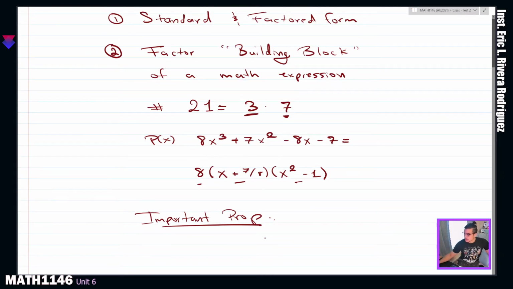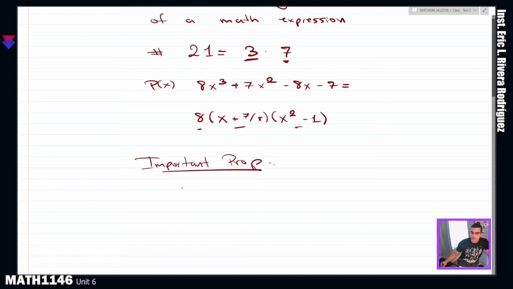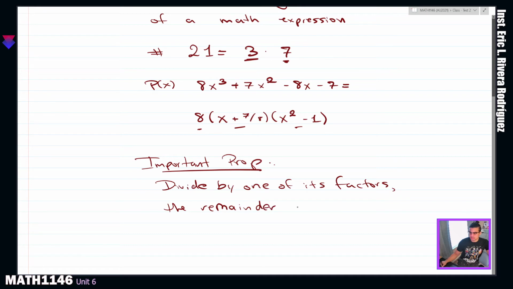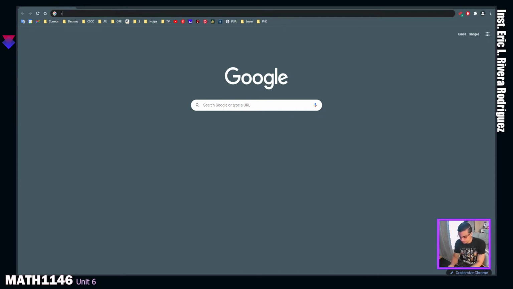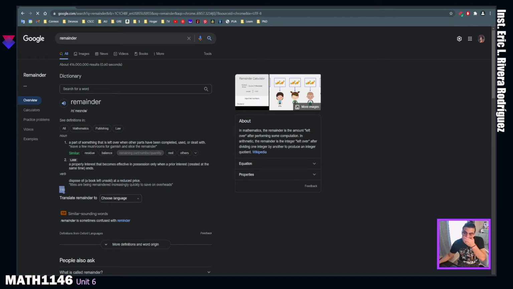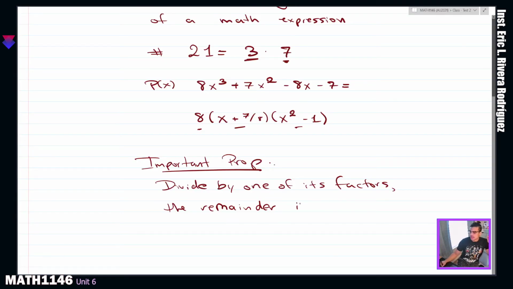And that property is that when we divide a mathematical expression by one of its factors, the remainder is 0.